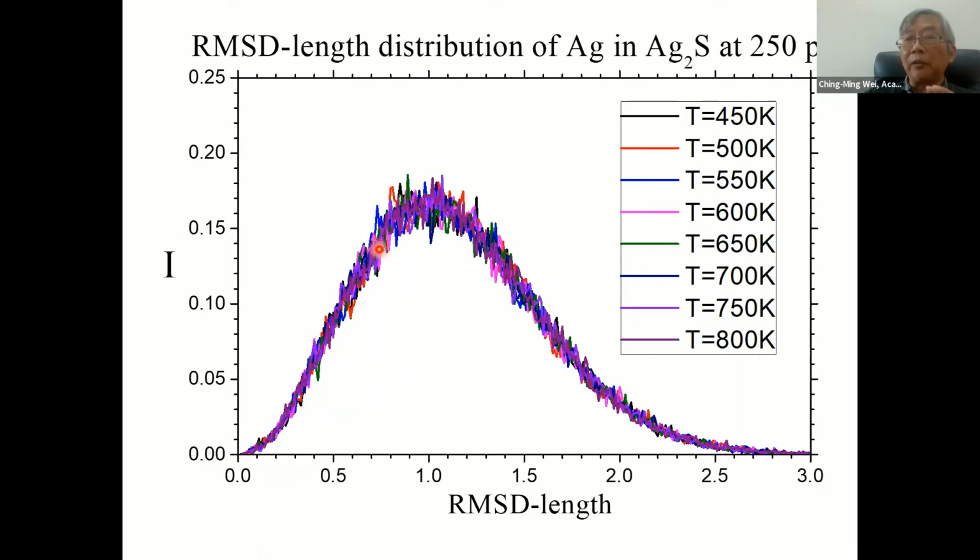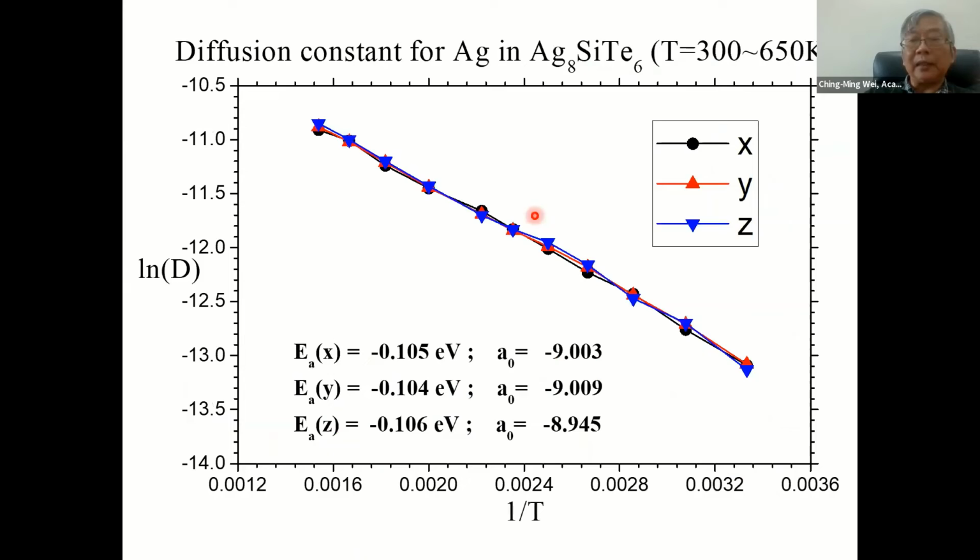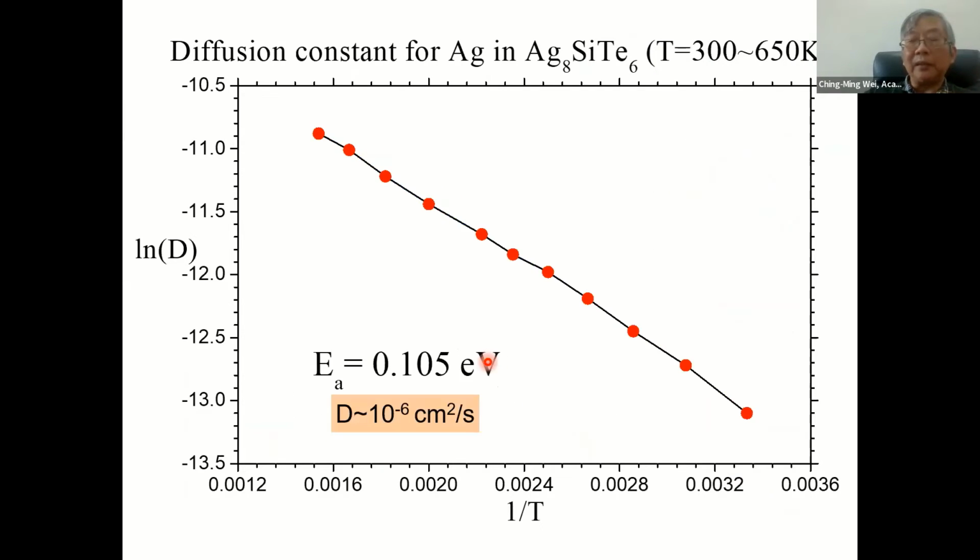This means the system already reached equilibrium, at least 250 picoseconds. Then we try to see the structure, for example this A16 system, and the atomic density pattern is completely similar, which indicates the experimental model and our MD model are close enough.